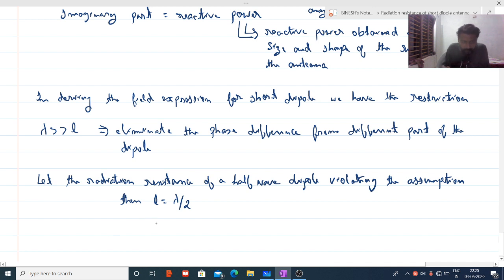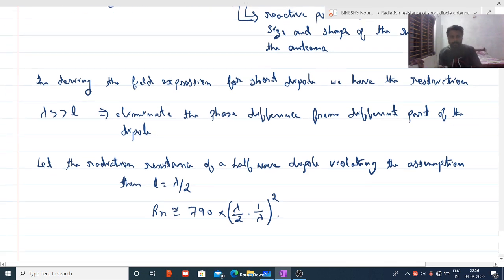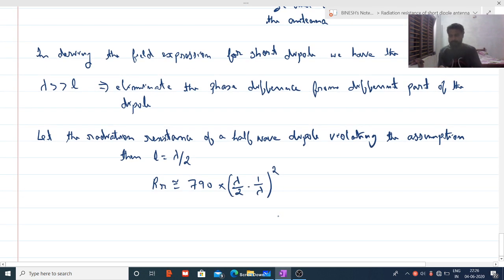So under that condition, your radiation resistance R_R, in general, can be written as 790 into L by lambda, the whole square. L is nothing but lambda by 2, so L by lambda is 1 by 2, the whole square. Lambda gets cancelled, it will be 790 by 4.